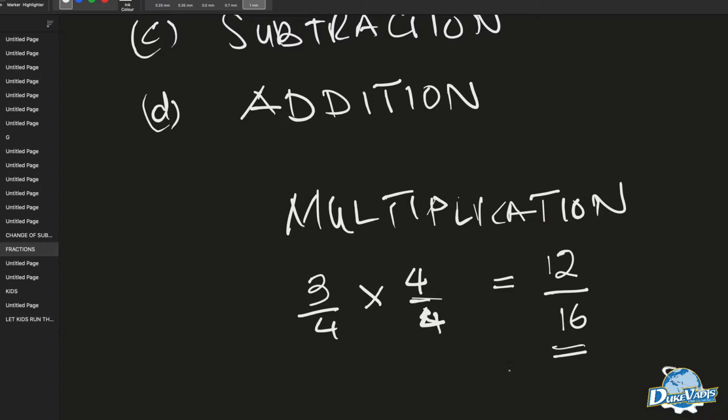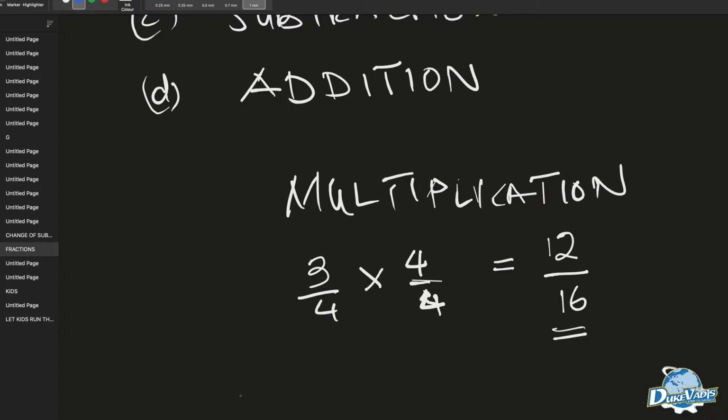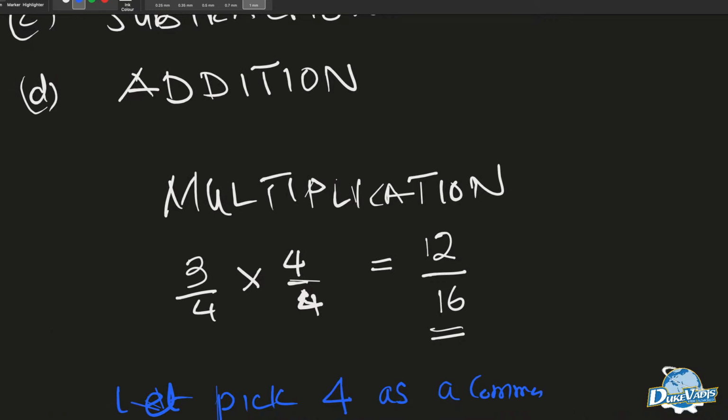We have to look for a number that divides both 12 and 16 without a remainder. So let's pick 4 as a common number that will divide both 12 and 16.